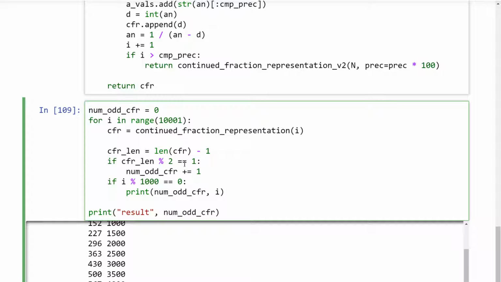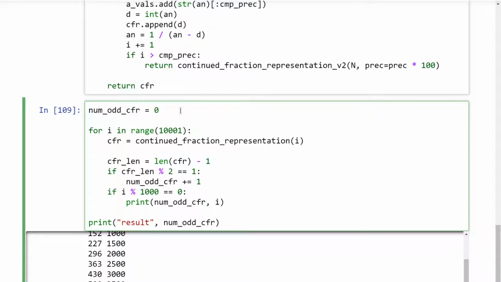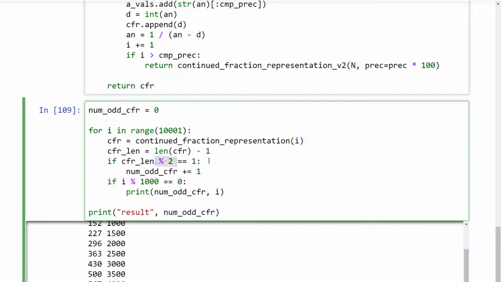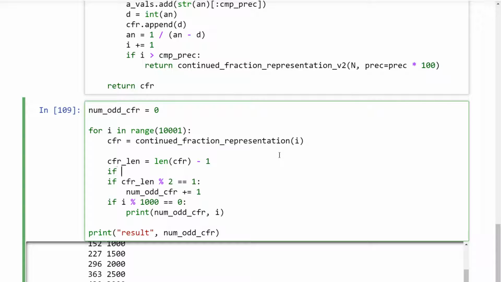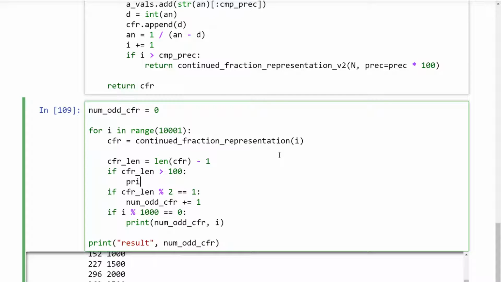I don't know, how do we do this interestingly? So let's see. I don't even care about the mod 2 equals 0. Let's just do if the length of CFR is greater than 100, print i, and I guess CFR.